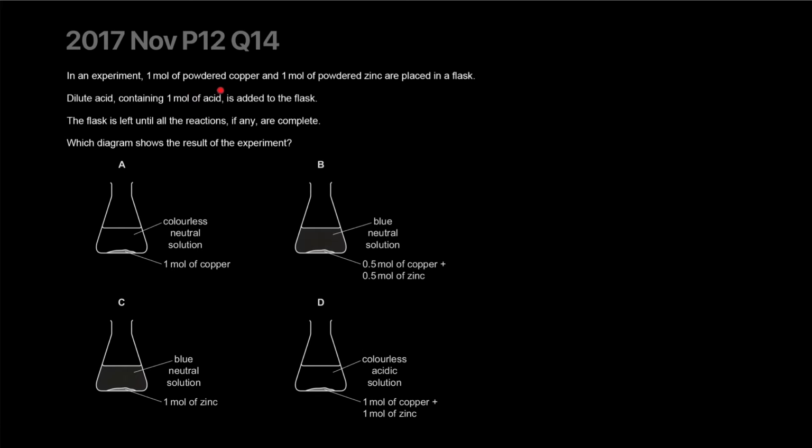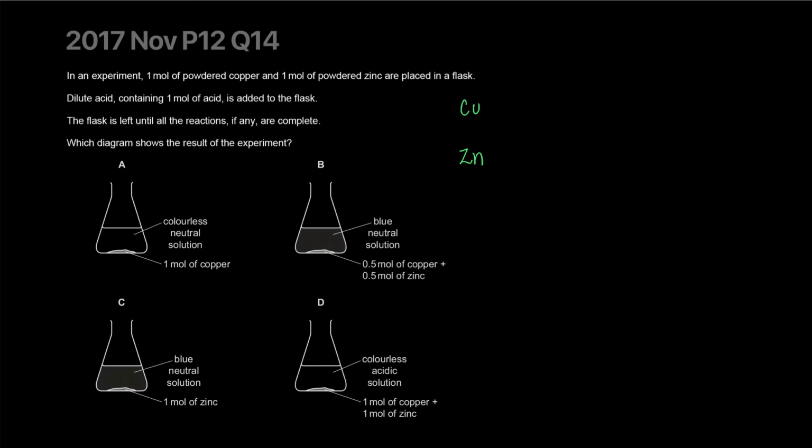In an experiment, 1 mole of powdered copper and 1 mole of powdered zinc. So you have 1 mole of powdered copper, which is just copper, and 1 mole of zinc present. Dilute acid containing 1 mole of acid is added to the flask. The flask is left until all the reactions, if any, are complete.